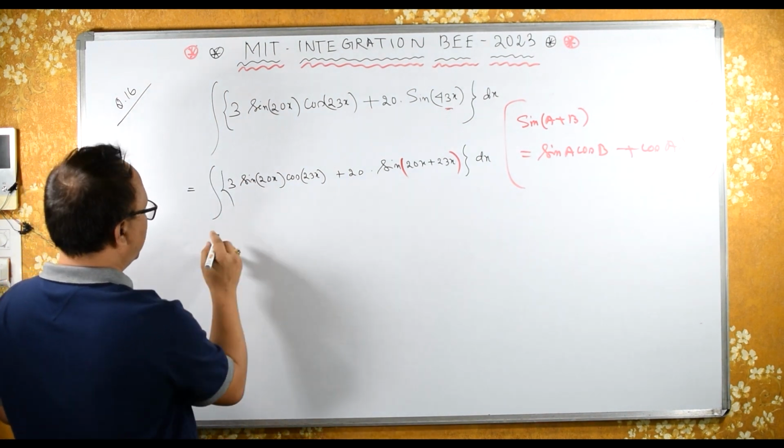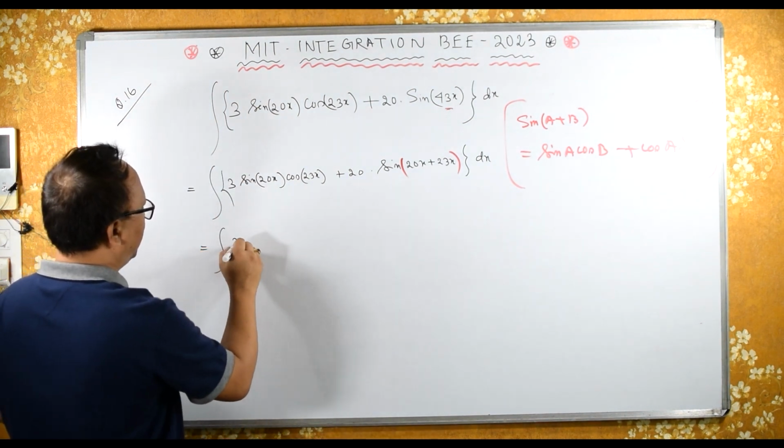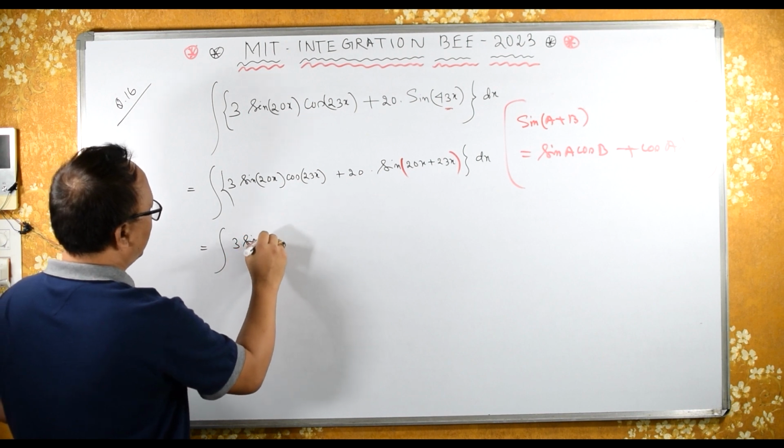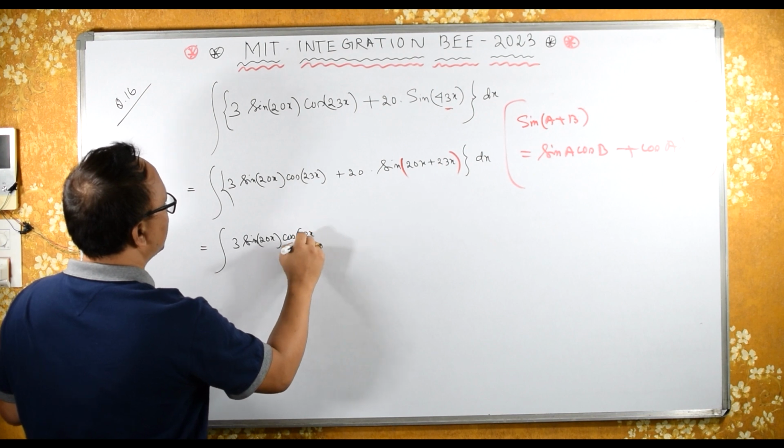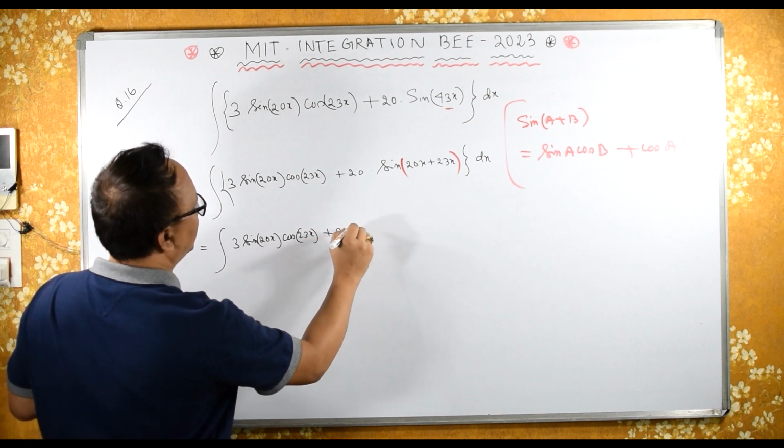Let's keep it as it is. Here, integral 3 sin of 20x cos of 23x plus 20.